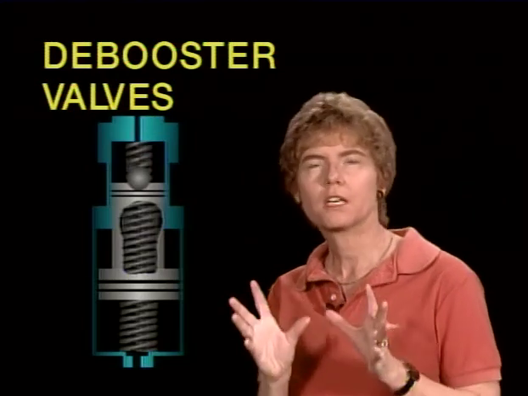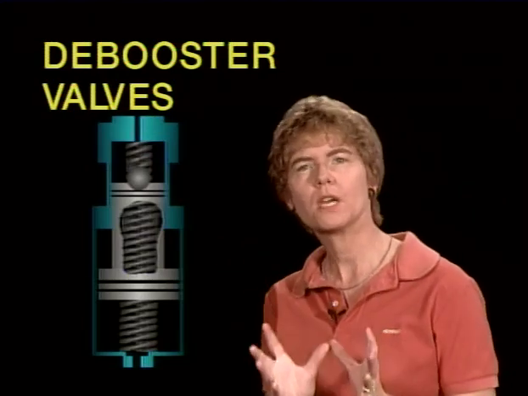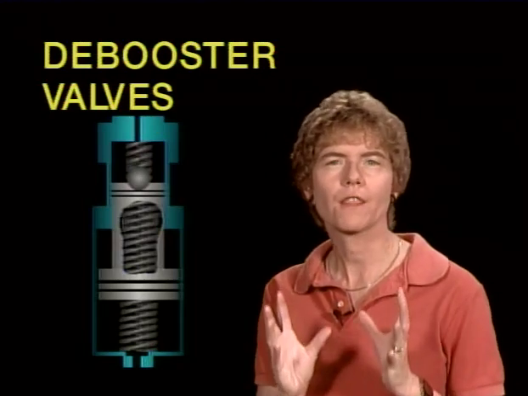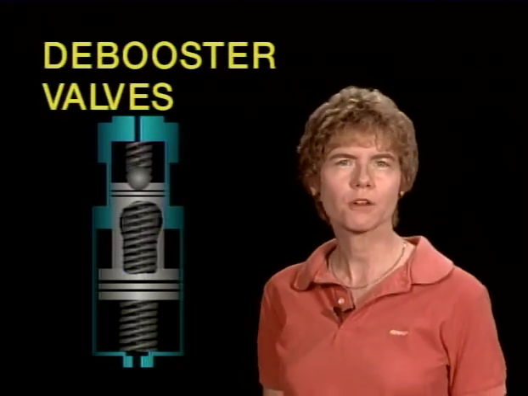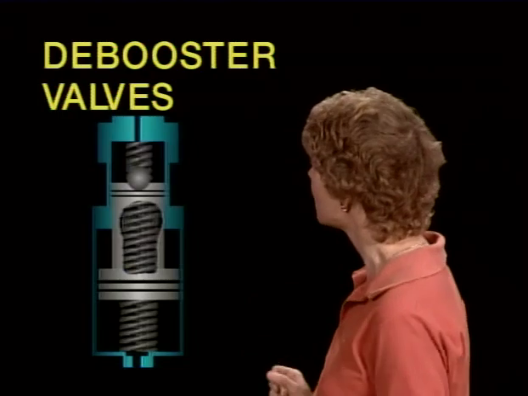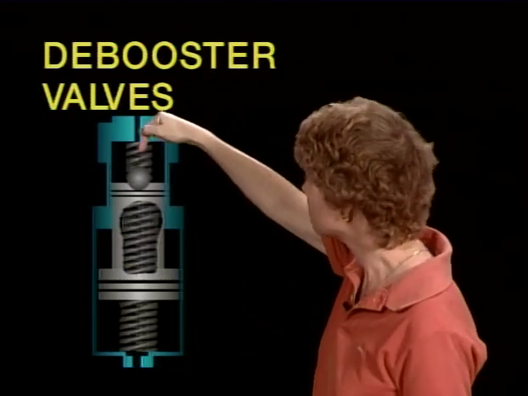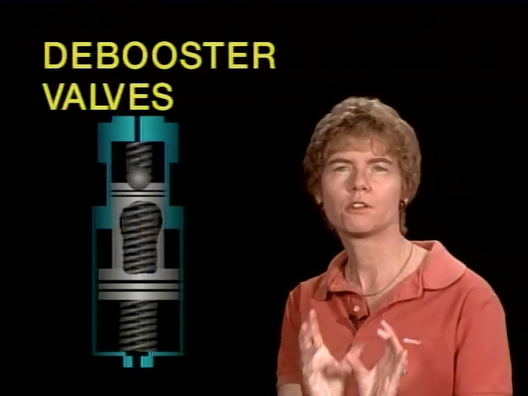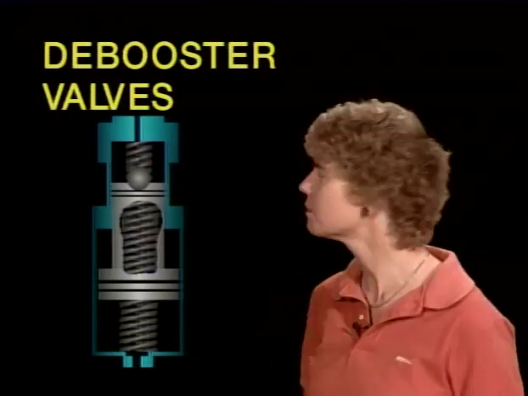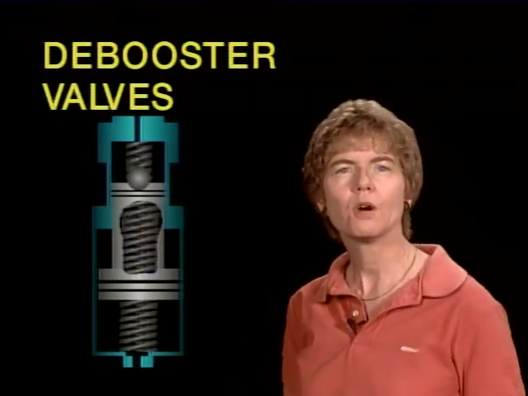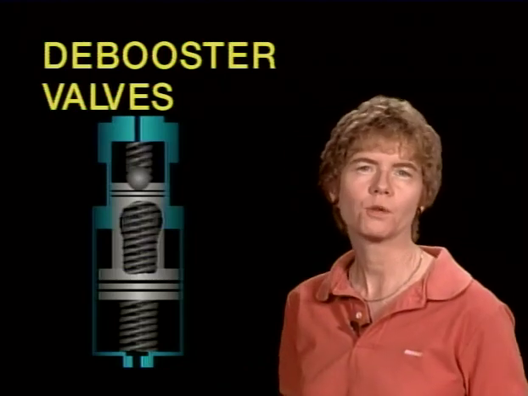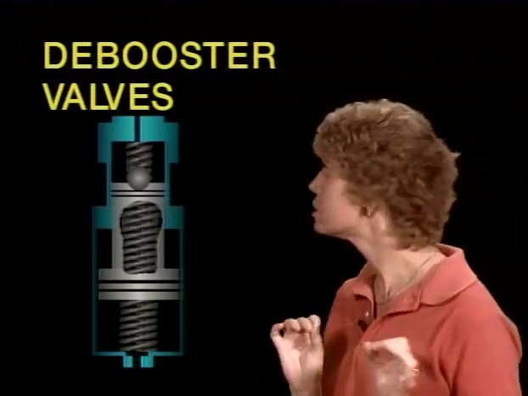Well, the brake assembly on the wheel is not designed to take that kind of high hydraulic pressure. So what the debooster valve does is take that high pressure, relatively small flow of hydraulic fluid and change it to a large volume of fluid at much reduced pressure.